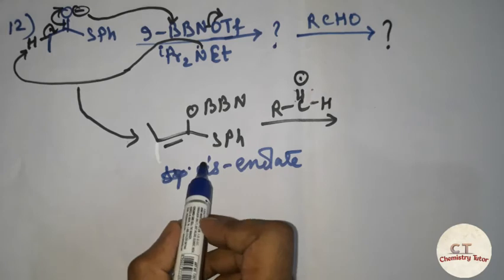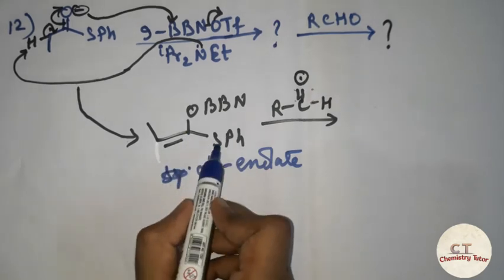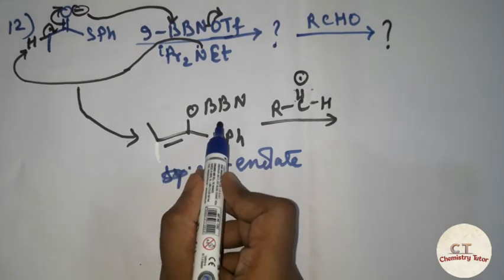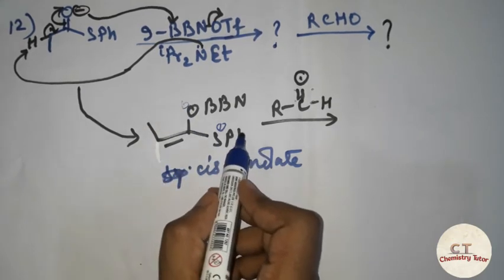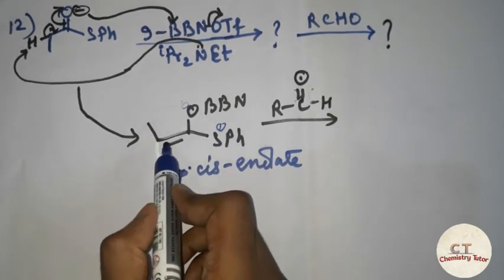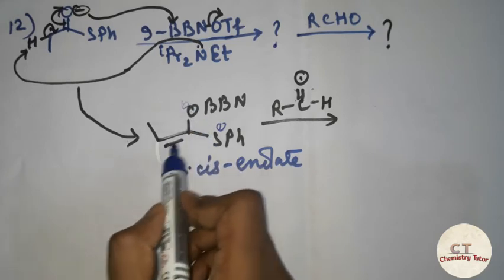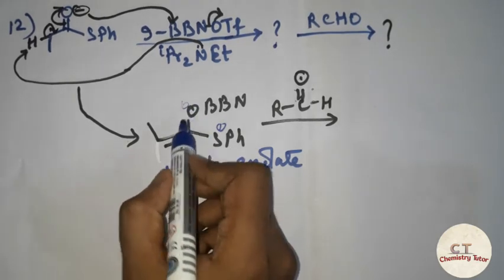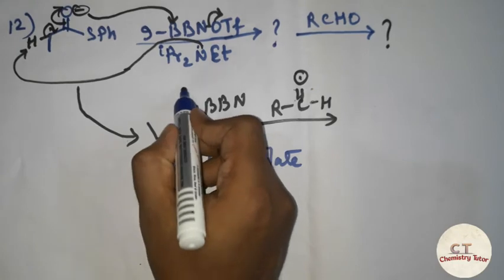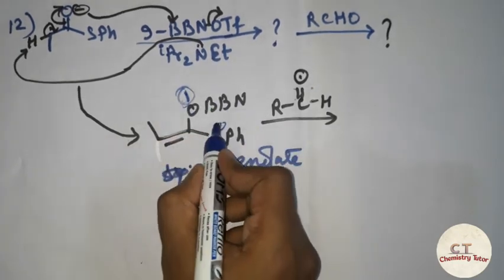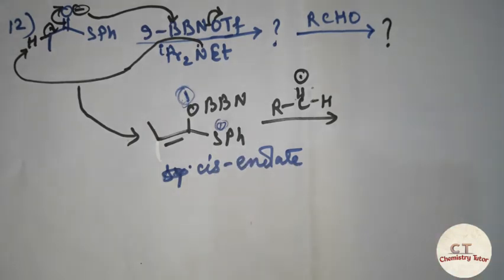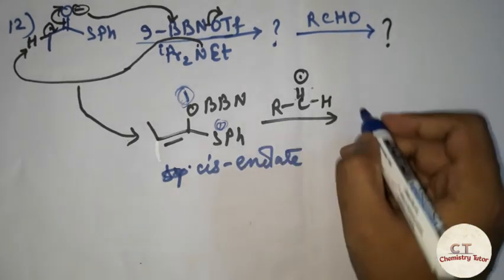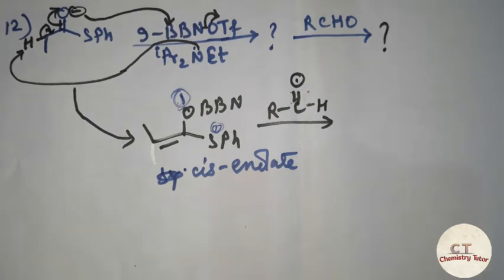You might be thinking how it can be a cis enolate, since sulfur should have priority 1 and it should have priority 2 according to the CIP rule, the Cahn-Ingold-Prelog rule. But always remember, as I have told you before also, that whenever in an enolate you have to consider this oxygen atom as priority number 1, and it is 2, so according to it, it is cis. So the cis enolate is formed, and then on reaction with an aldehyde you are going to get the syn aldol.